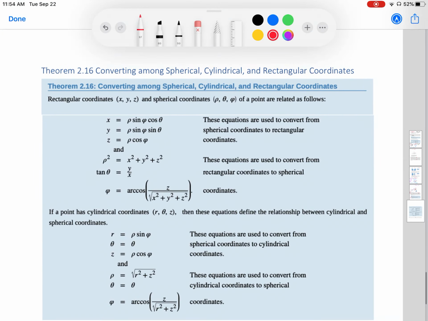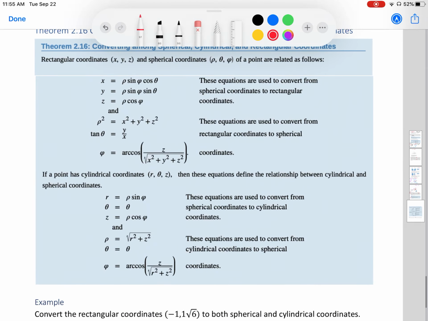All right, next. Theorem 2.16, converting among spherical, cylindrical, and rectangular coordinates. Rectangular coordinates x, y, and z, and spherical coordinates rho, theta, and phi of a point are related as follows. x is equal to rho sine phi cosine theta. y is equal to rho sine phi sine theta, and z is equal to rho cosine phi.